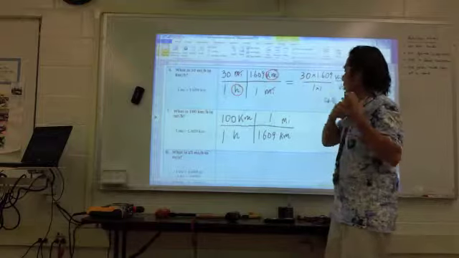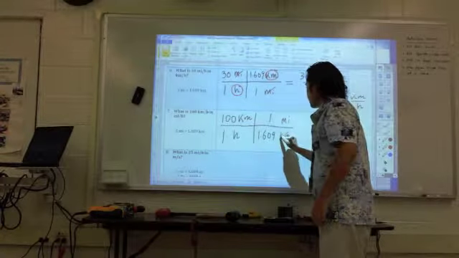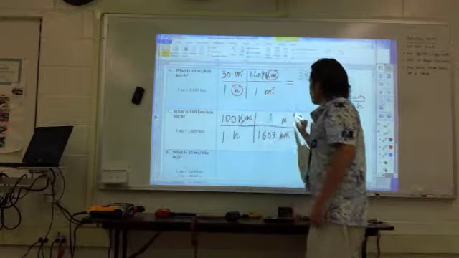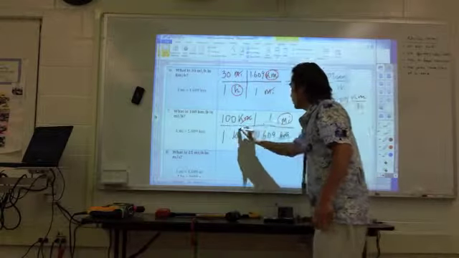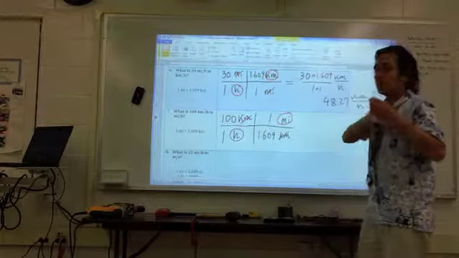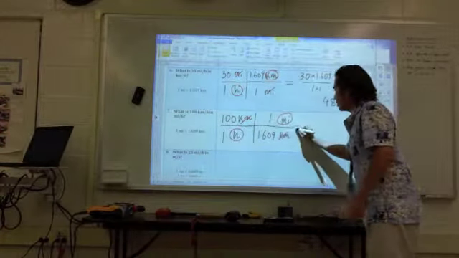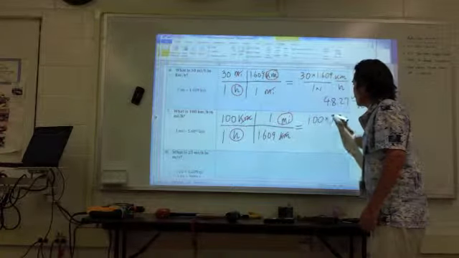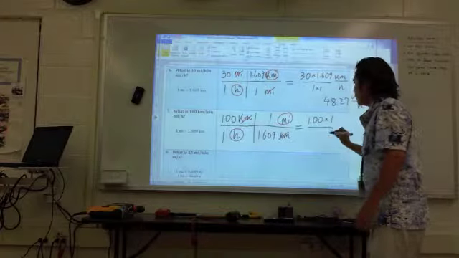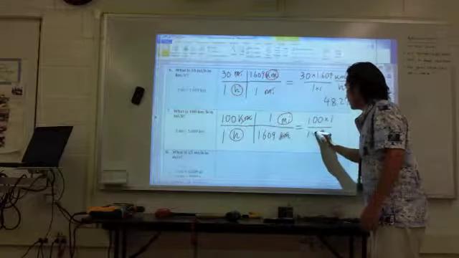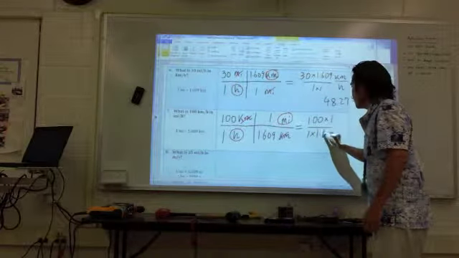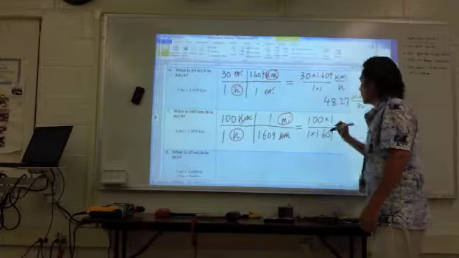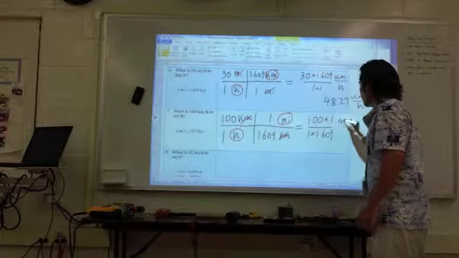Okay, cross out the kilometer. Identify what's left. Collect the numerical terms upstairs and downstairs. 100 times 1 divided by 1 times 1.609 miles per hour.